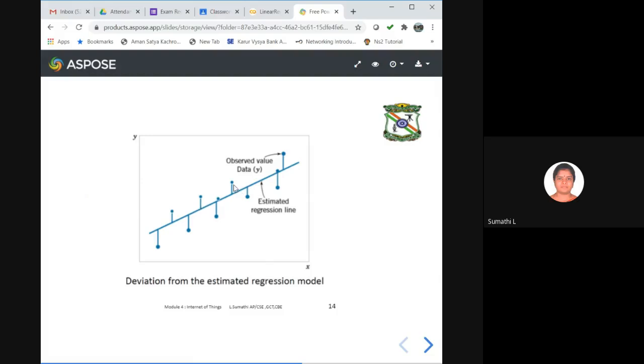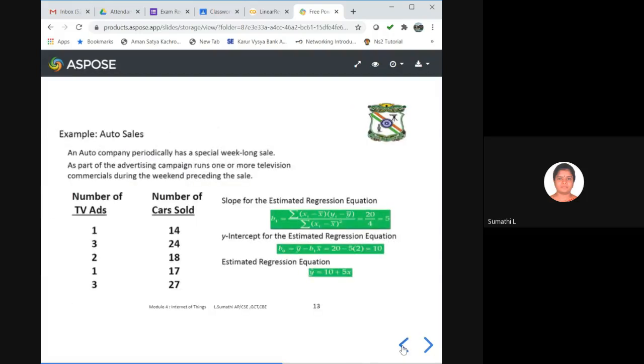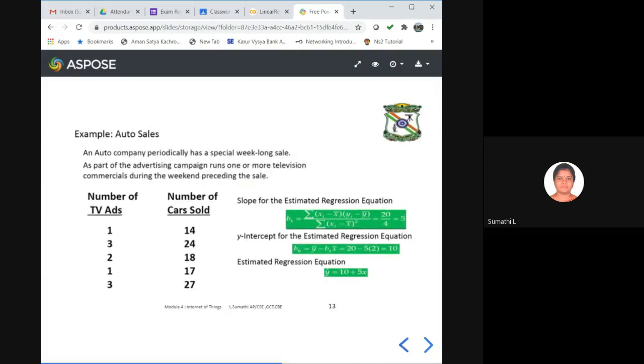There may be some points above and below. This is the deviation with my prediction. I predict the point to be here, but actually my point lies here. This you call the error term or residue. I have to design a line such that it minimizes my error term.